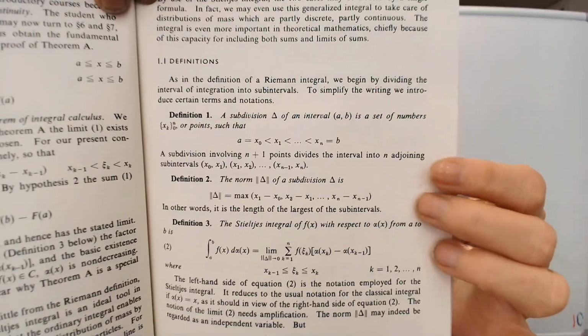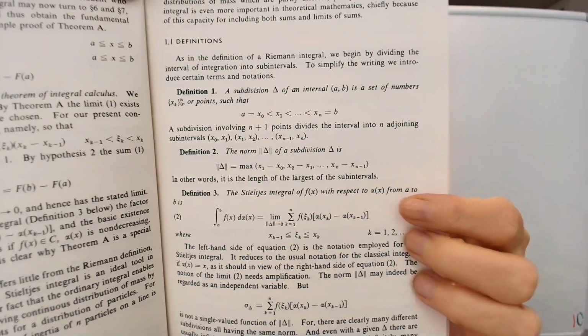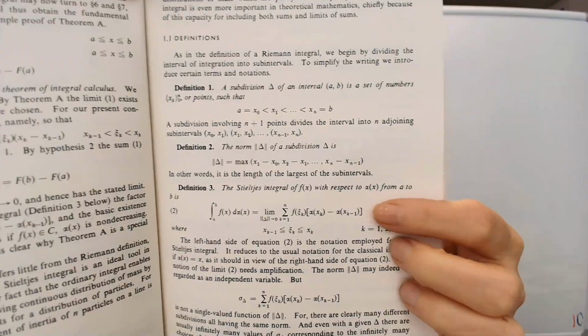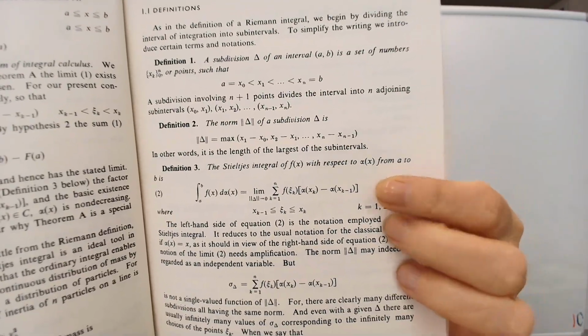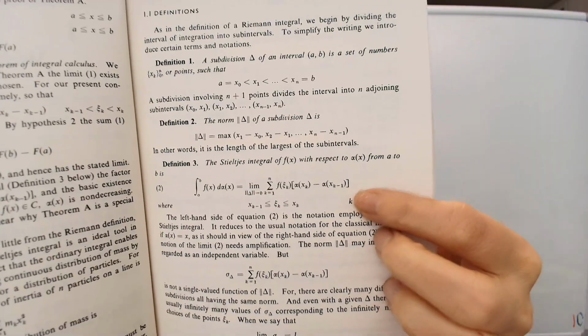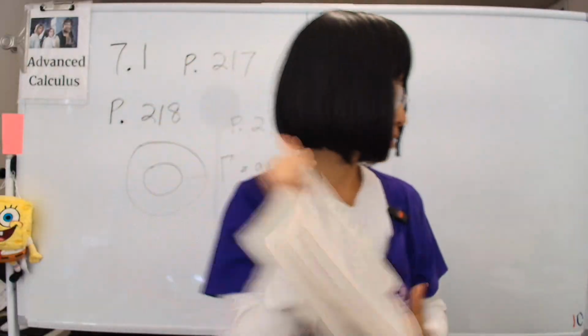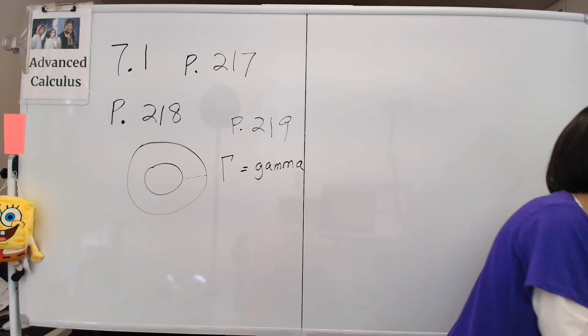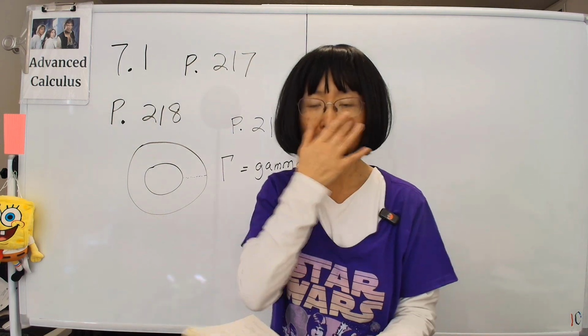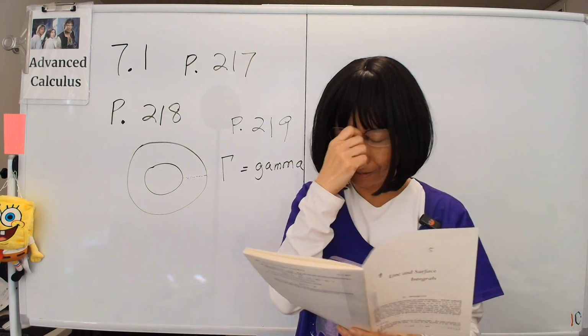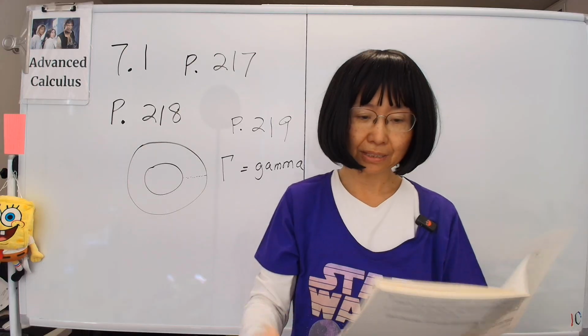Not that it's critical, but since the book mentioned it, we might as well look at it. See, on page 151, the Stieltjes integral is defined exactly like that, right? D alpha x is alpha x_k minus alpha x_(k-1). And just a quick refresher of the Stieltjes integral, but we're not going to go too much into it. So let's move on to the next point.